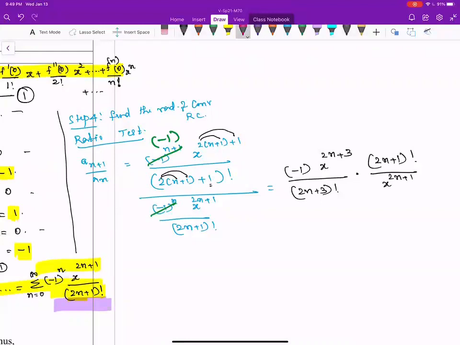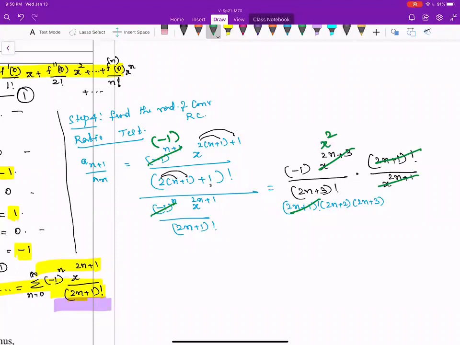Just the way we did the usual trick in order to cancel out the factorial terms, 2n plus 3 factorial can be written as 2n plus 1 factorial times 2n plus 2 times 2n plus 3. So the 2n plus 1 factorial would cancel out, and x to the power 2n plus 3 over x to the power 2n plus 1 will give us x square.